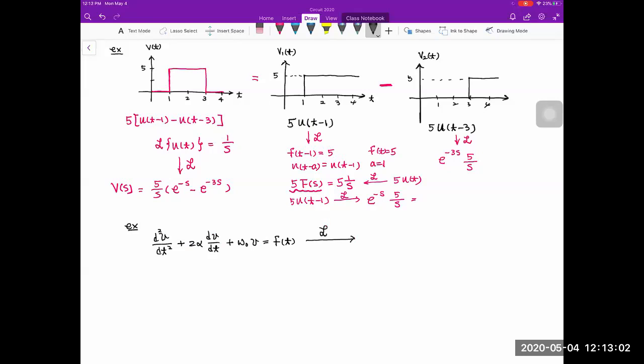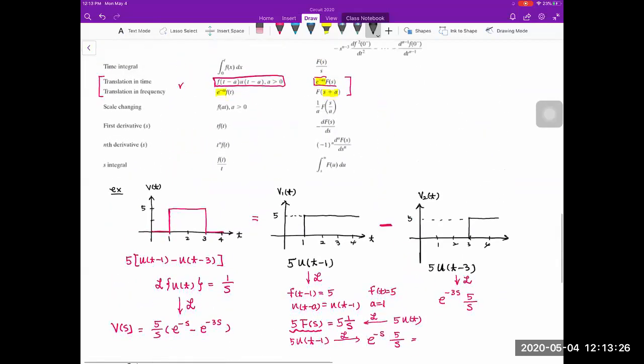If I take the Laplace transform of the left-hand side, and we also know v(0) is equal to k1, we also have another initial condition that is equal to k2. Then we take the Laplace transform, and how do you take the Laplace transform for the second derivative?